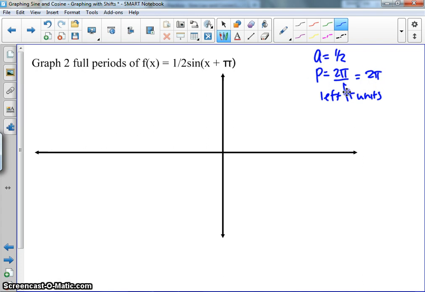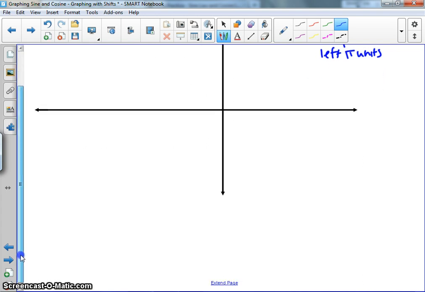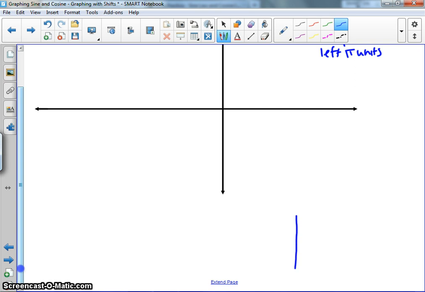So I'm going to go down here and I'm going to draw this out. So if I were to graph this normally, then I would go out to 2 pi, negative 2 pi. And then my middle points would be at pi and negative pi. And then this point you can't forget about, 0.